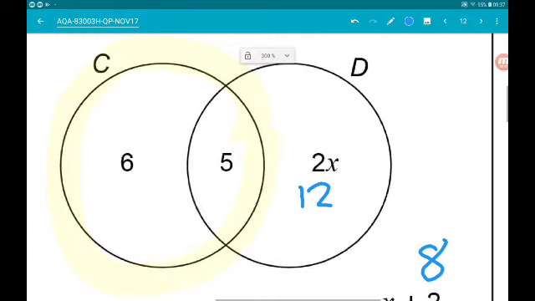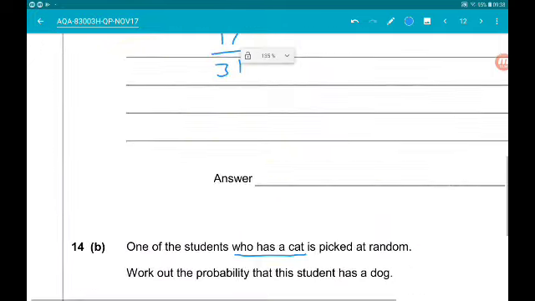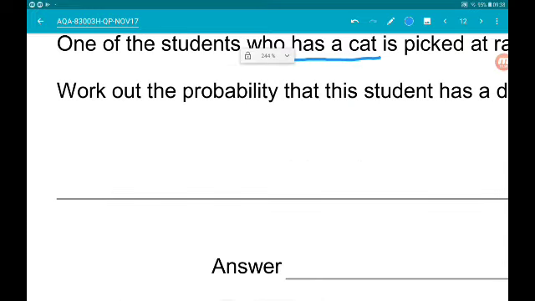Now, there are 6 add 5 people who have a cat, so there are 11 people. 5 of those 11 people also have a dog, so it's 5 over 11.